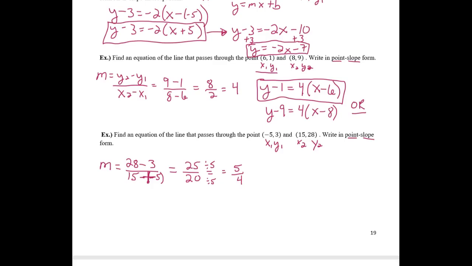Now I fill in the point slope form because I have a slope and I have some points. y minus y1, which is 3, equals my slope, 5/4, times x minus x1, which is negative 5. And then I'm just going to go ahead and simplify that by changing subtracting a negative to x plus 5.